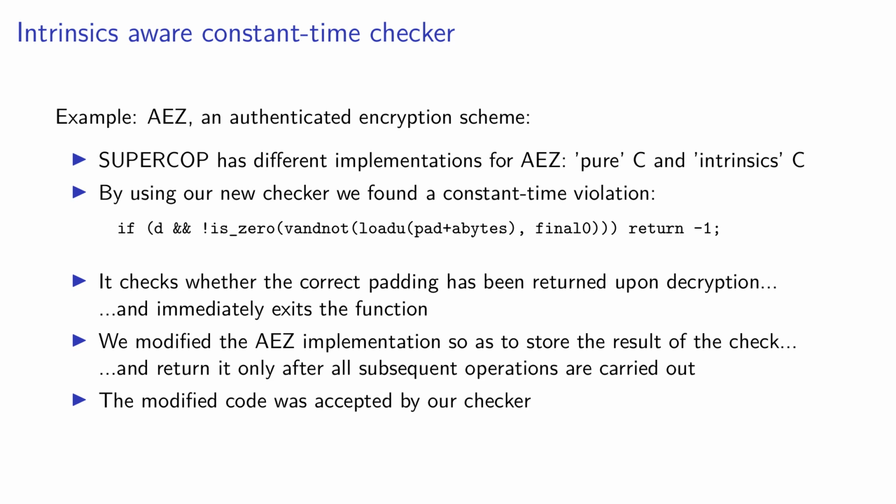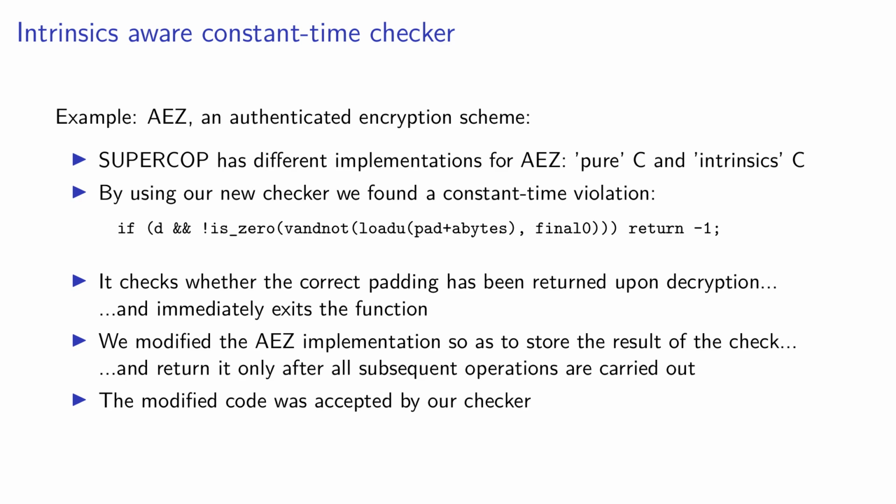And to conclude the presentation of this section, I would like to present an example based on AEZ, an authenticated encryption scheme. For this analysis, we considered an implementation of AEZ shipped in the SUPERCOP toolkit, and that uses intrinsics.